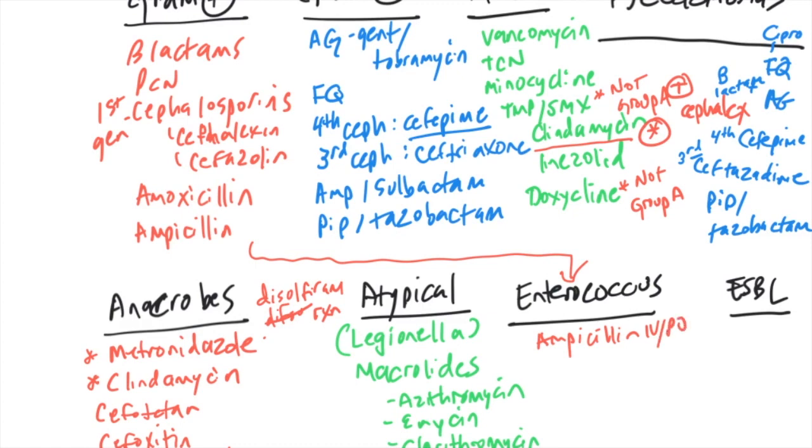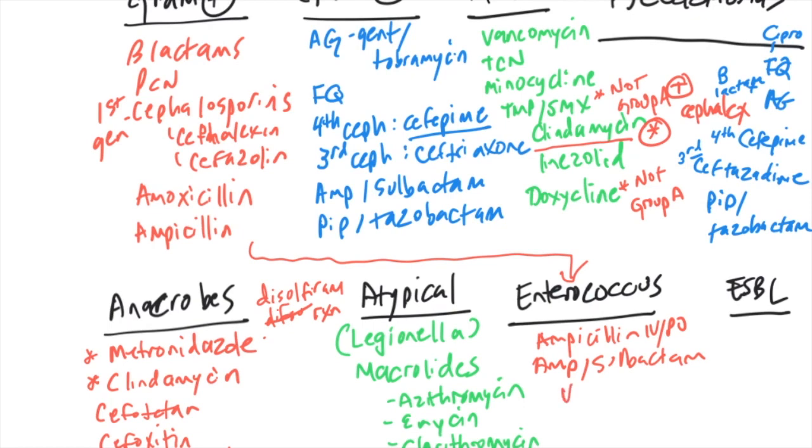So oftentimes, if we are empirically treating a patient and we want to make sure we cover Enterococcus and gram-negative organisms, then we may give them ampicillin-sulbactam, otherwise known as Unasyn. This is a beta-lactam, beta-lactamase inhibitor combination that will give you good gram-negative coverage, but also will cover Enterococcus because of the ampicillin.